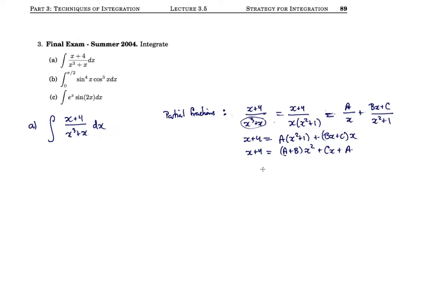And so comparing coefficients, A plus B has to be 0 because there's no x squared term on the left. C has to be 1. A has to be 4. And so therefore, B has to be negative 4.